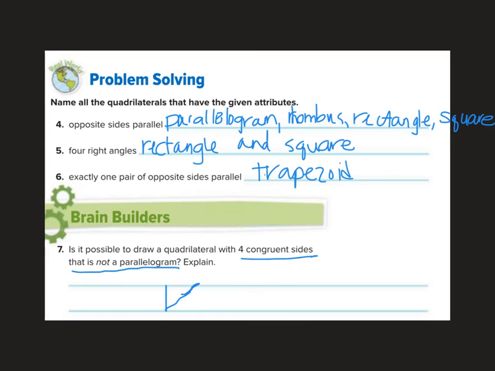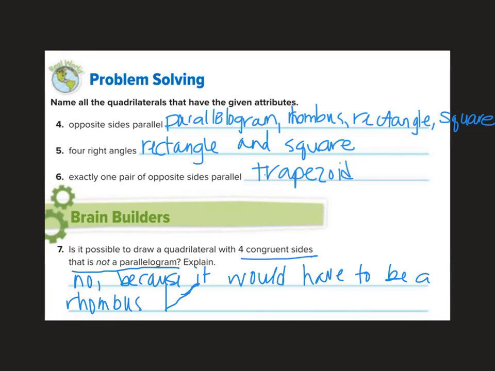Well, I'm saying no. It's not possible because it would have to be, what are the 2 shapes, 2 quadrilaterals that have equal sides? It would have to be a rhombus or a square, and they are both parallelograms.